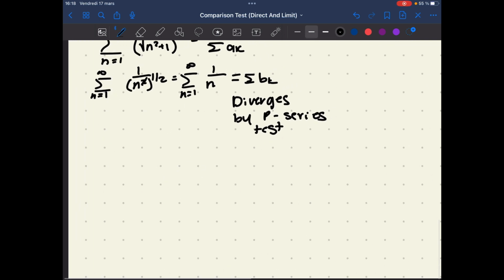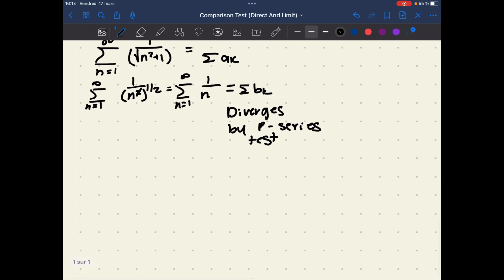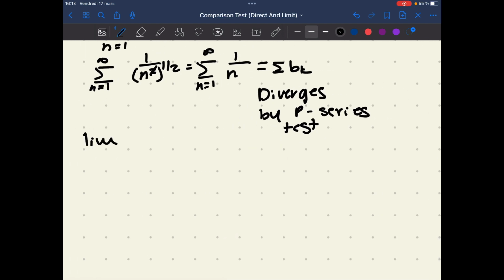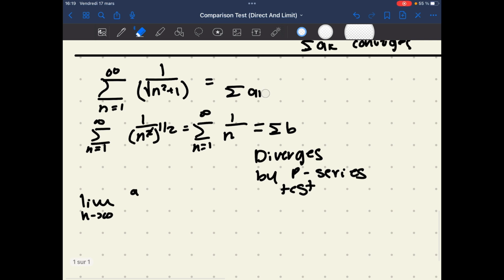Okay, now let's use limits. So limit as n approaches infinity, it'll be your a sub. Oh, no, my bad. It's not b sub k, since we're using n. The series of a in n terms, and the series of b in n terms.